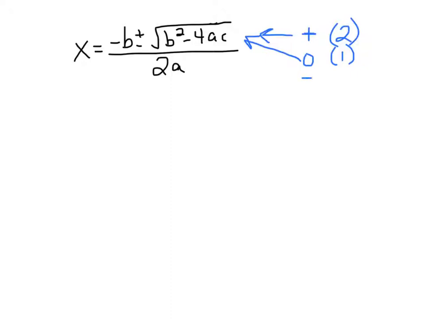If it ends up being a negative number, then I am not going to have any possible answers whatsoever. The discriminant part of the quadratic formula will always tell me how many possible solutions I will have, either 2, 1, or 0.